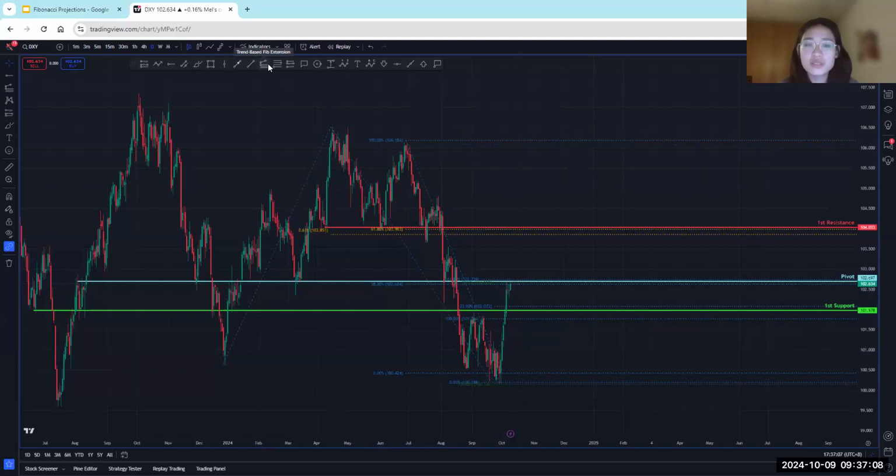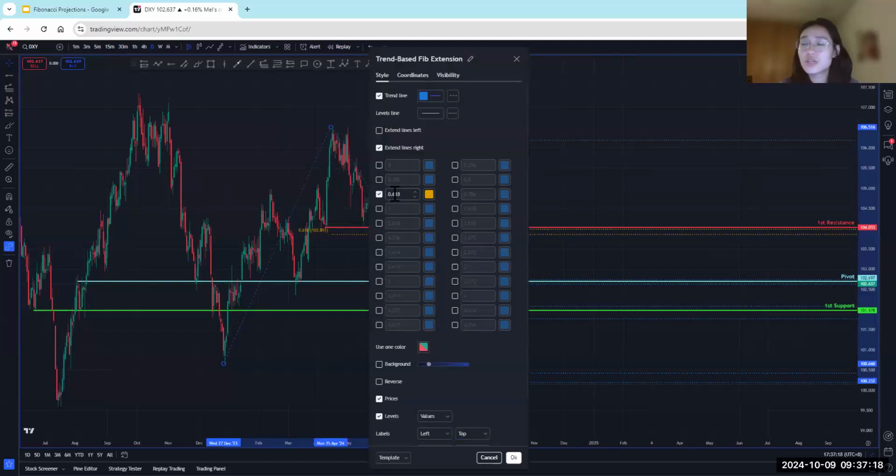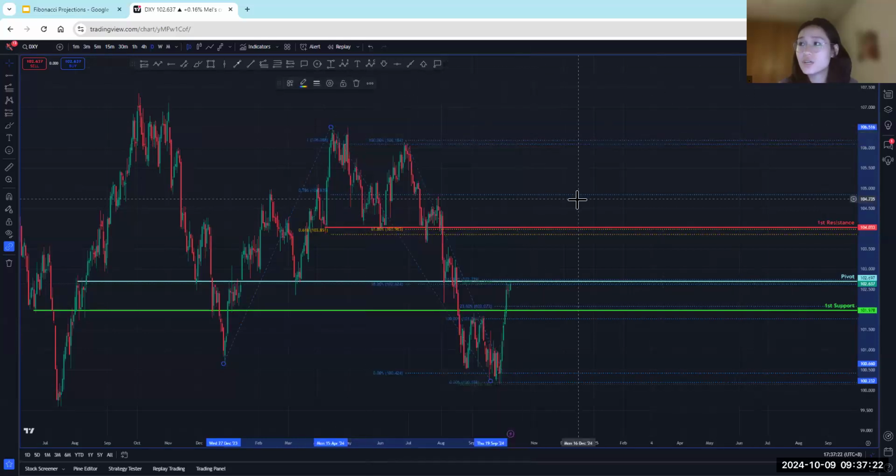It's called the trend-based fib extension. When you click on it, you can click all fibs, go to settings. We're just mainly looking at 61, 78, and 100. Technically 100% lines up with this swing high, but it's a bit far from where price is currently at. 61 lines up nicely with our first resistance.